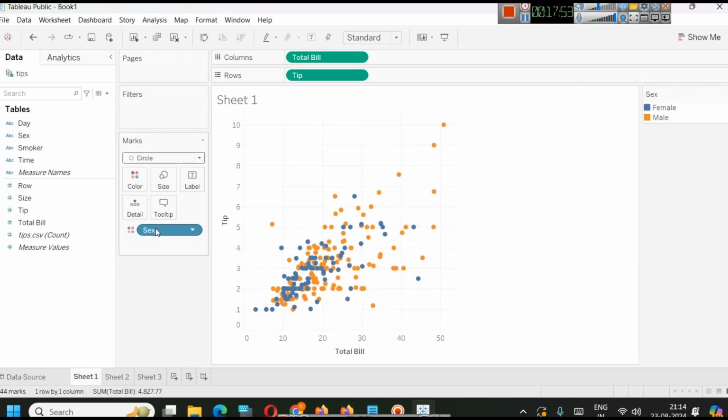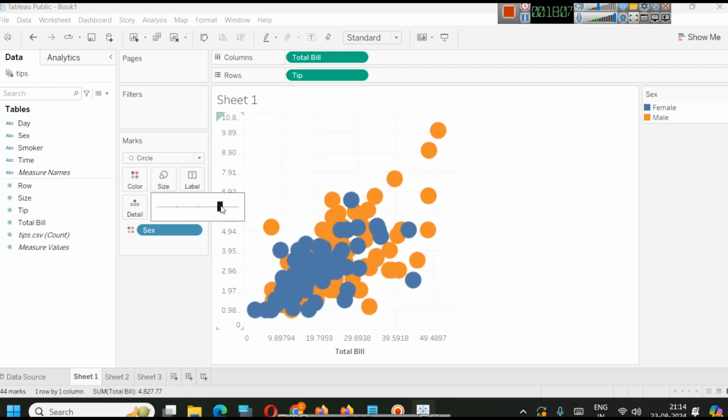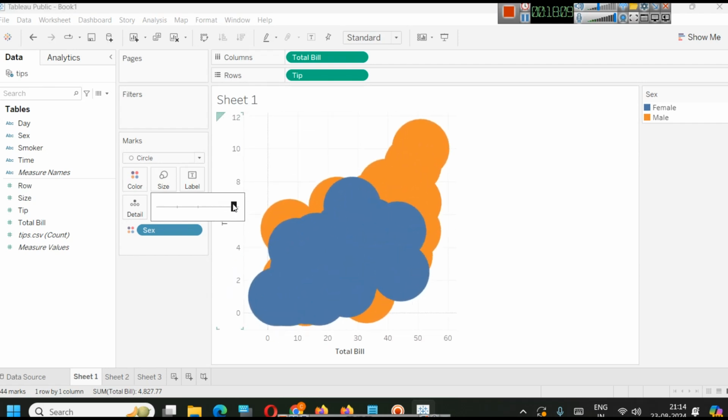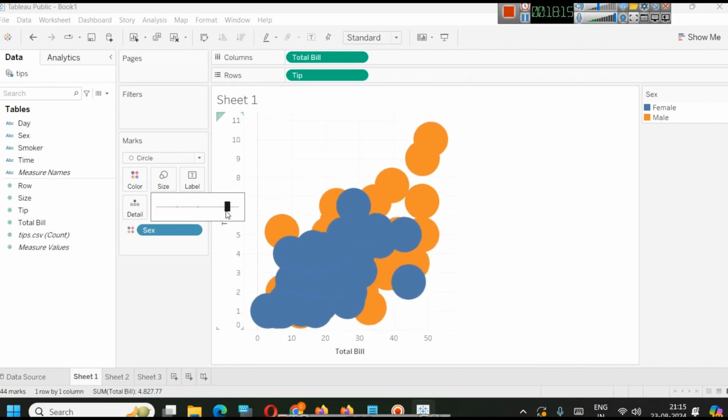If you draw a circle also, circle and scatter is one and the same thing. It is actually giving a better indication. And in case of circle, you can increase the size, and by increasing the size also, it will give you a good indication.